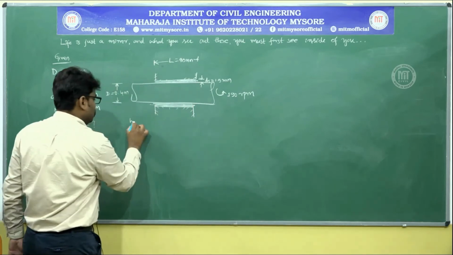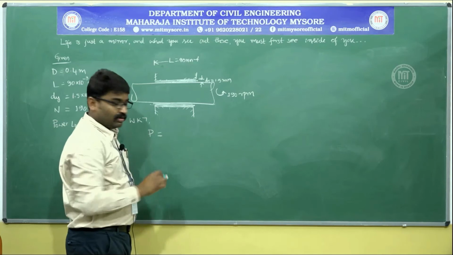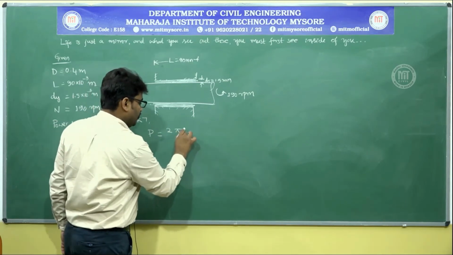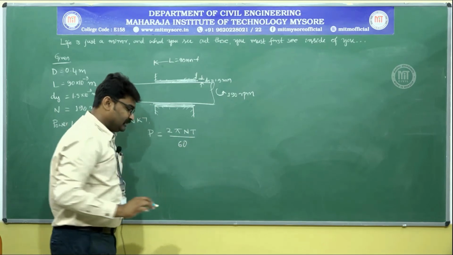We know that power lost P is equal to 2 pi n T divided by 60.